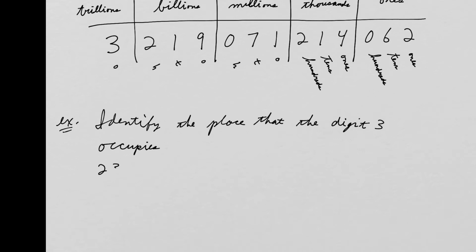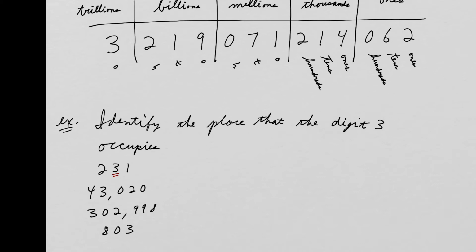Let's say 231, 43,020, 300,002, 998, and then 803. If I look at each of those numbers, I just want to identify the place that the digit 3 occupies. In this first number, the 3 is right here.